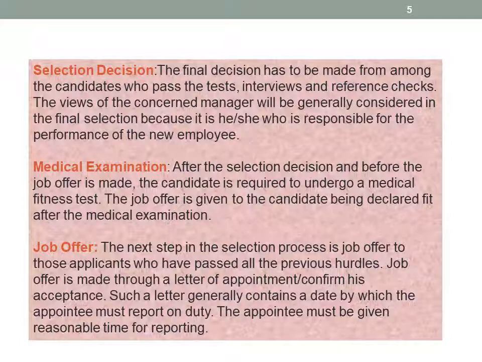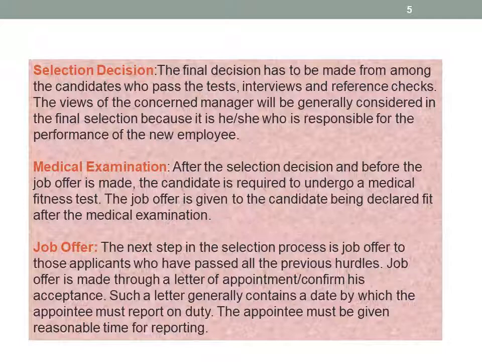Now the selection decision. The organization decides that out of these 30, 10 persons are selected and 20 are rejected. That's why selection is a negative process. The 10 persons are selected whose background is also very good.